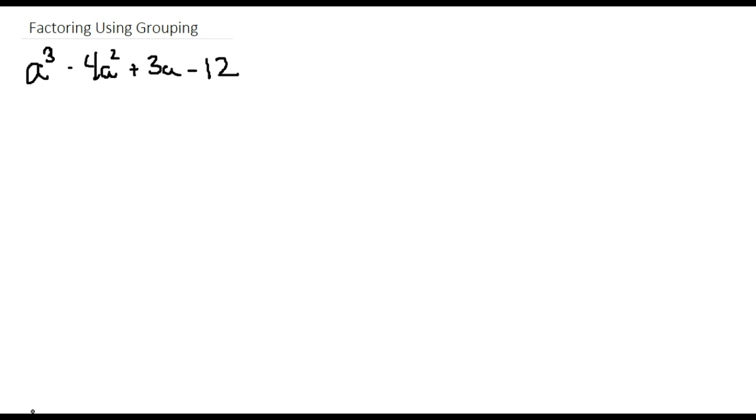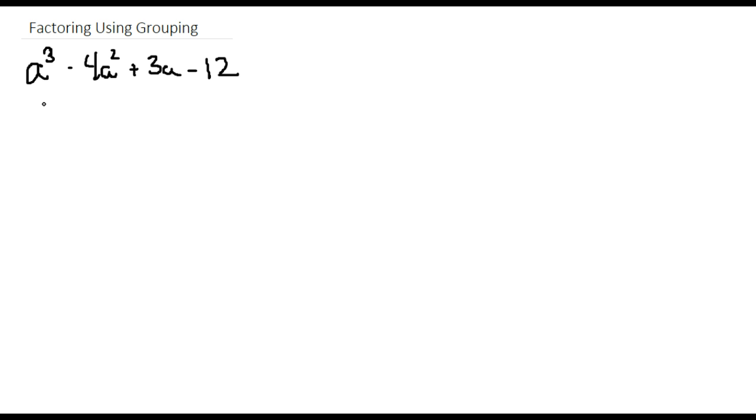Okay, now let's talk about factoring using grouping. This is example 2 on page 240. So we have a 4-term polynomial, a cubed minus 4a squared plus 3a minus 12. So let's pull together as many like terms as we can. We're going to group using our associative property.